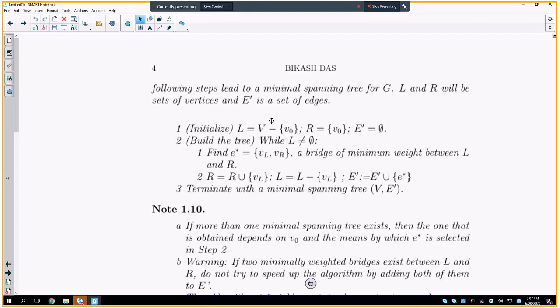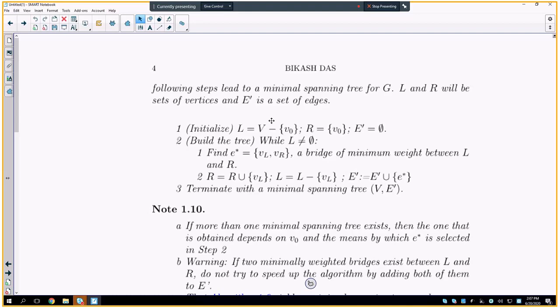Now we're going to build a tree, and how do we do that? While L is not equal to the empty set, find E star, which is a bridge between L and R with minimum weight. If you have multiple of them, select one.